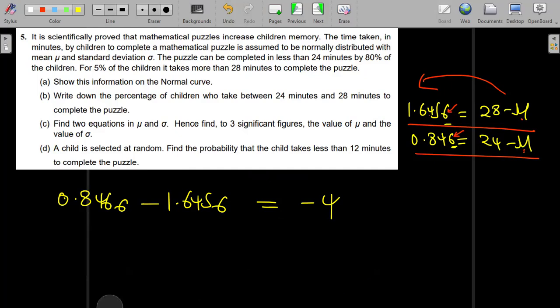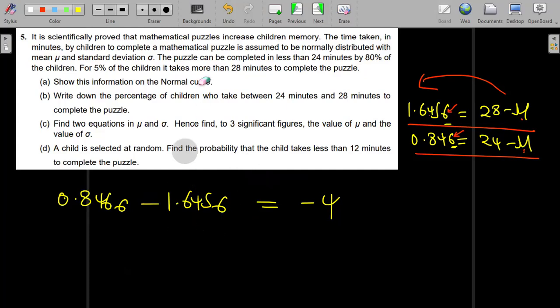So from there, what are we going to have? We go to the calculator and subtract these two numbers: 0.846 sigma minus 1.645 sigma.